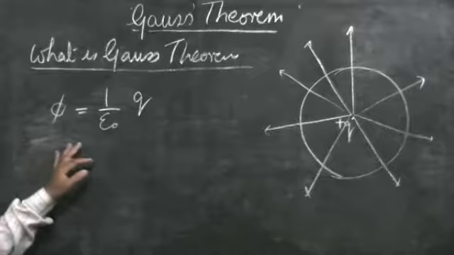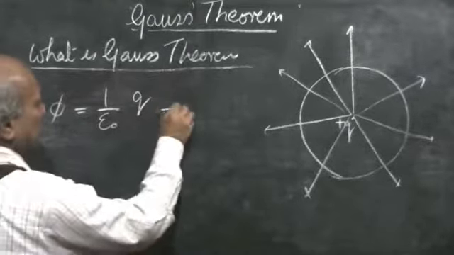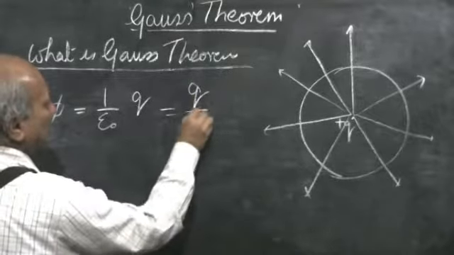This is the definition of flux. That we can write down as Q upon epsilon naught.